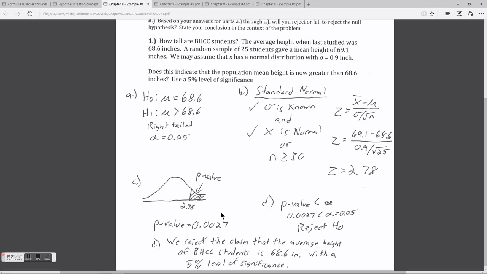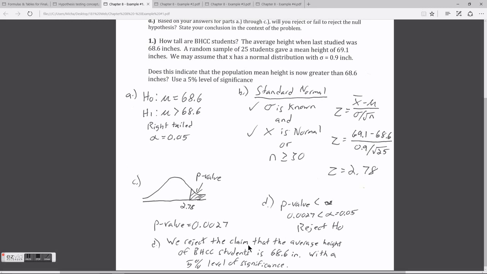So if I were to reject my original claim, the probability I would be wrong is only 0.0027. Because that probability is less than my level of significance, I was okay with up to a 5% chance of being wrong. According to my test, I only have a 0.27% chance of being wrong. So I'm going to go ahead and reject my initial claim.